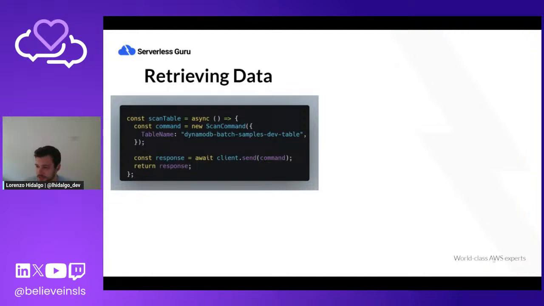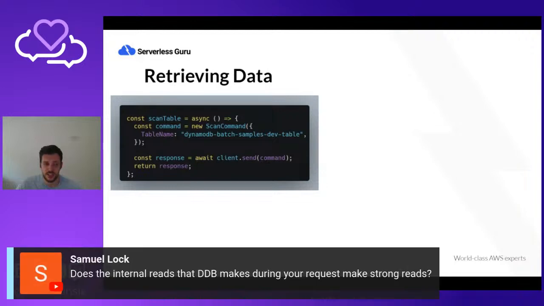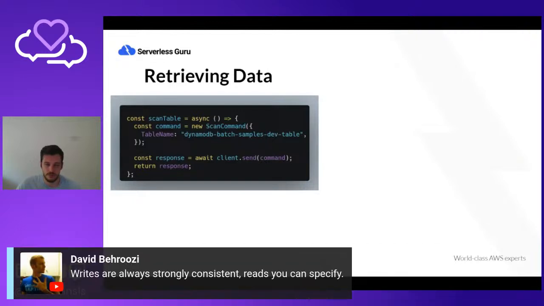Okay, I see that there are different questions from Samuel. Writes with condition expressions should be strong, right? And strong reads will only be strong if you add the attribute. So by writes you mean you want a strong or consistent write, you want data consistency.